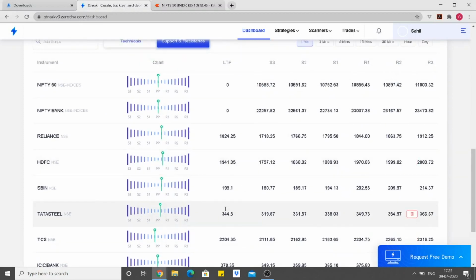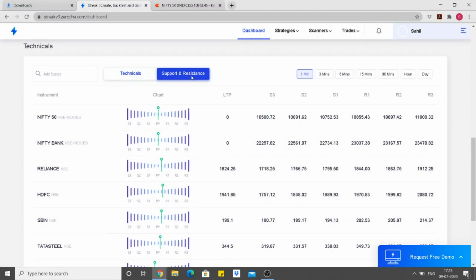This also solves one of the major problems faced by traders, that is to open your charting software in the morning, go to every individual stock that you like to trade and then make a trading decision. Right here, within a minute, you can figure out where the price of your favorite stocks is relative to their support and resistance levels.